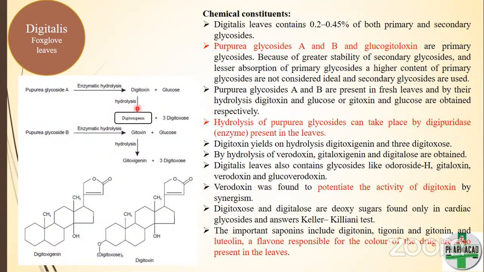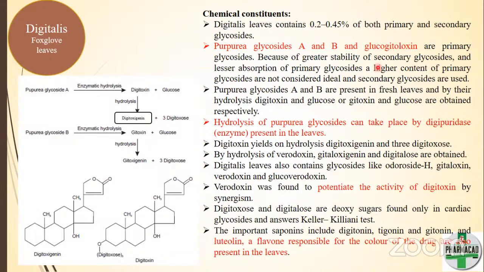this is digitoxigenin. Okay, so this digitoxigenin, that is your aglycone, the first aglycone. Okay, when you add 3 molecules of digitoxose sugar, it turns into digitoxin. Okay, and when you add one, this will also not be considered a complete glycoside. Okay, because finally when you add one glucose molecule to it, it will turn to purpurea glycoside.